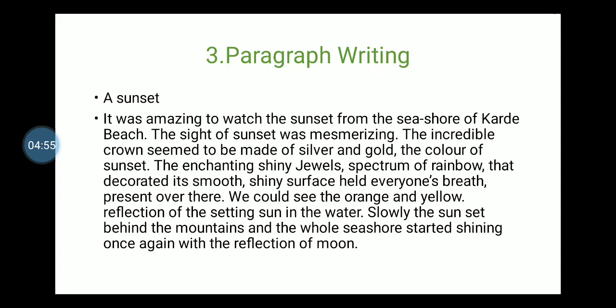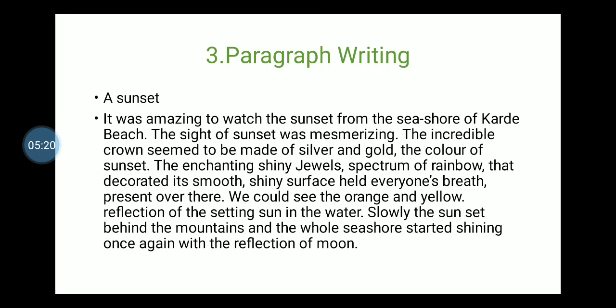It is an incident from Kerde beach, how the sunset is going on at that place. The sight of the sunset was mesmerizing. Mesmerizing means captivating. The incredible crown seems to be made of silver and gold. Incredible means amazing. There is a crown made of silver and gold.